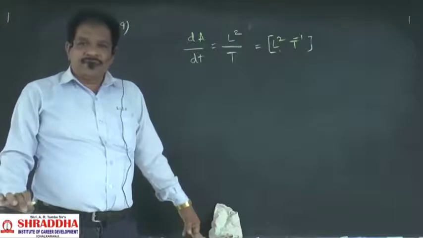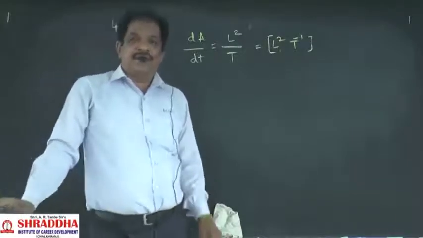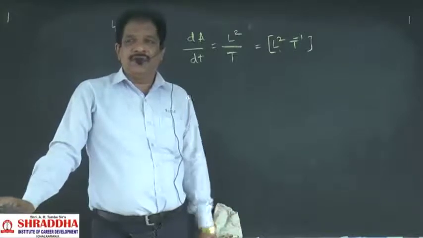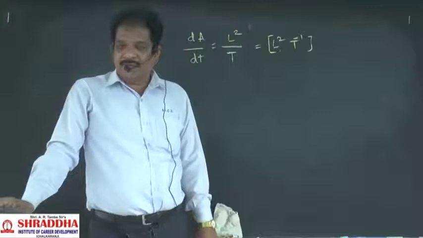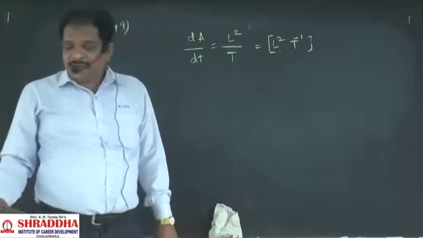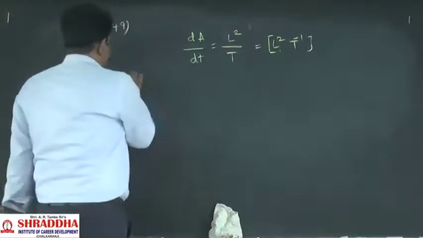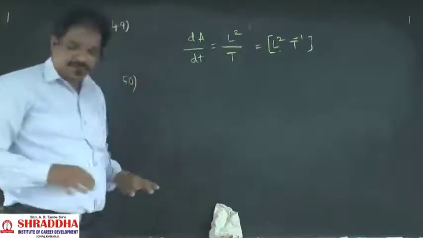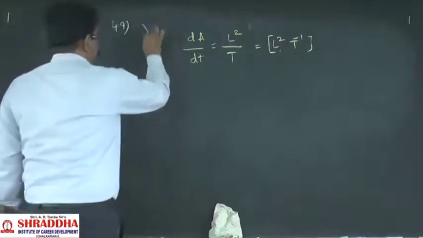Area covered by a satellite or planet in unit time is called aerial velocity. So L square by T becomes L square T power minus 1. So 49 will be C.